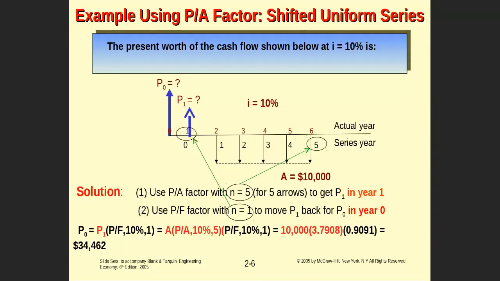Giving an example here, to find the present for the years from 2 to 6, it was given that the present of annual for 5 years is then converted to year 0.